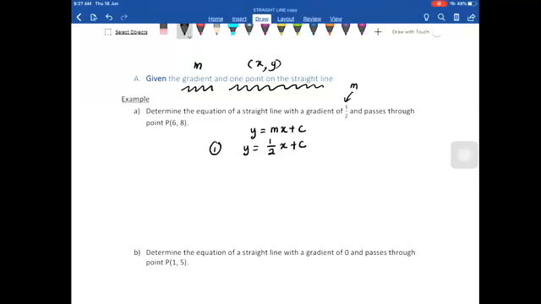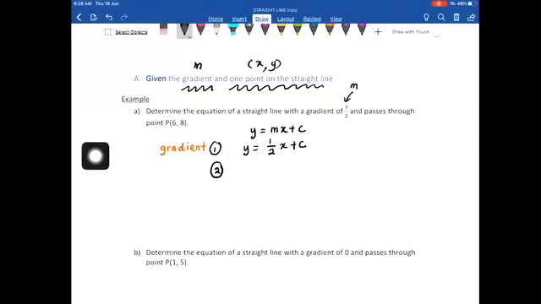Okay, the next one. Our c is y-intercept. Tetapi point yang diberi kepada saya is P(6, 8). Which is not y-intercept. Sebab y-intercept x equals to 0. See, x adalah 6. So this is not y-intercept.